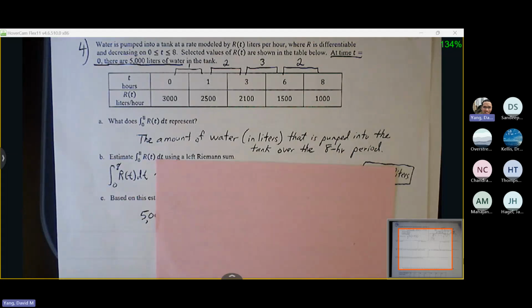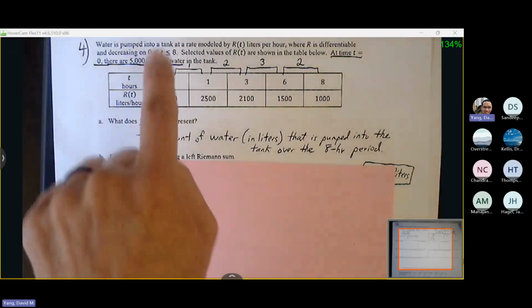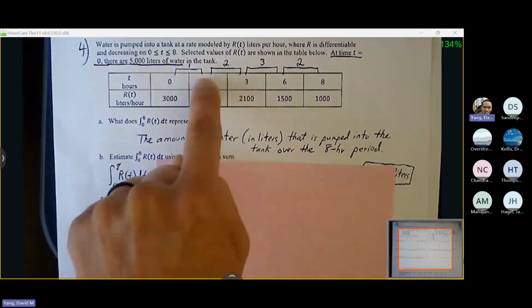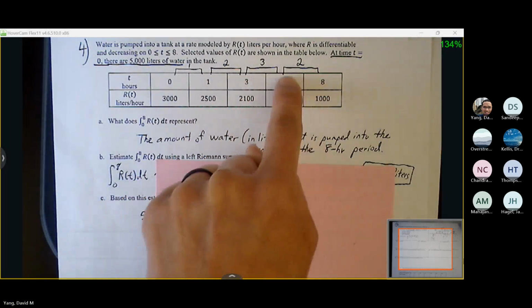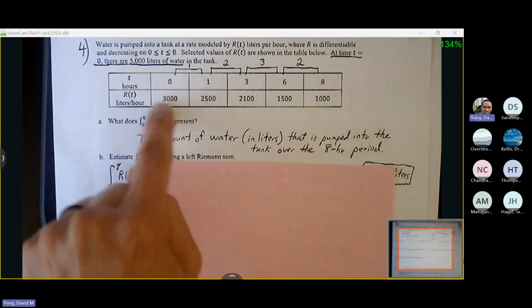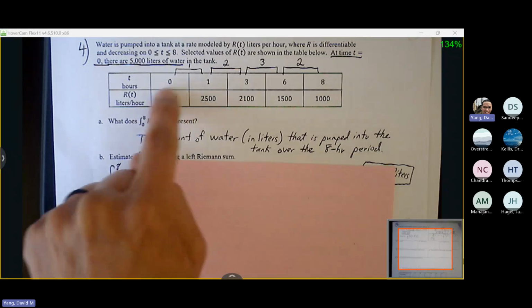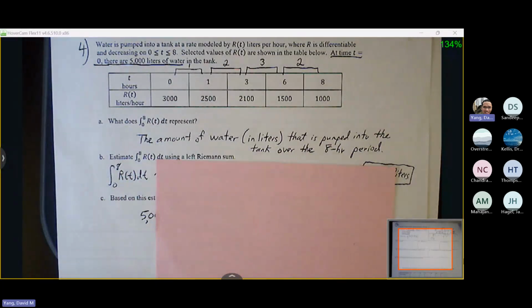Every ordered pair will have its own subinterval. Subtract your t-values to get your width. And then for each subinterval, you're picking off the height, the left y value.